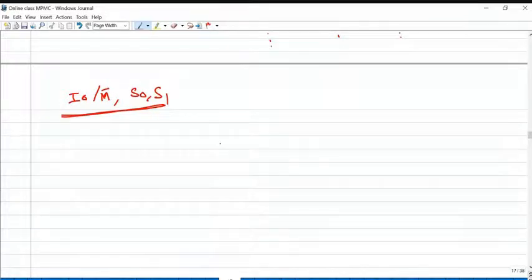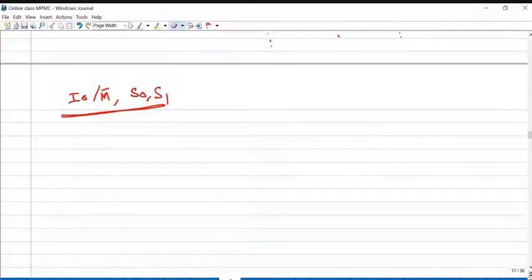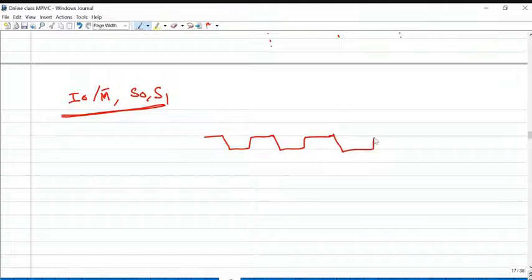So for example, if you mention IO/M bar equal to 0, this is a memory operation. S1, S0: S1 equal to 1, S0 equal to 1. I'll write clearly. T1 state, T2 state, T3 state, T4 state.